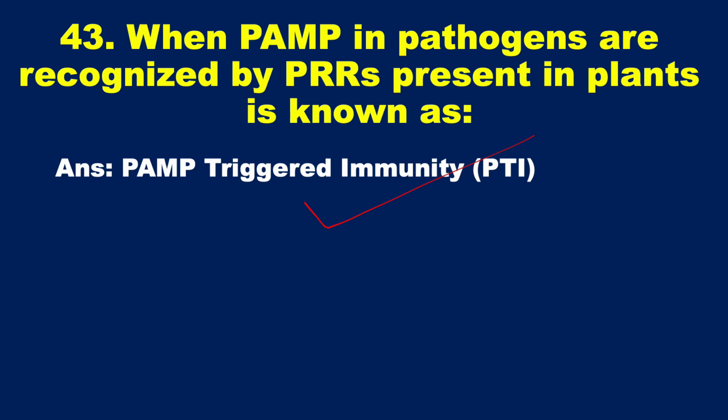So in response to these evasions, plants have developed another layer of defense called effector triggered immunity, or ETI, which is a more specific and robust immune response activated when the plant detects a specific pathogen effector. Both PTI as well as ETI play a crucial role in plant defense, and understanding the mechanism of these immune responses is essential for developing disease resistant crops and enhancing plant protection strategies in agriculture.